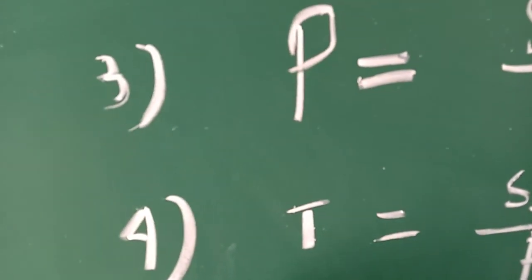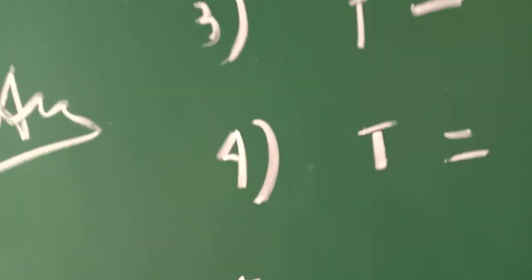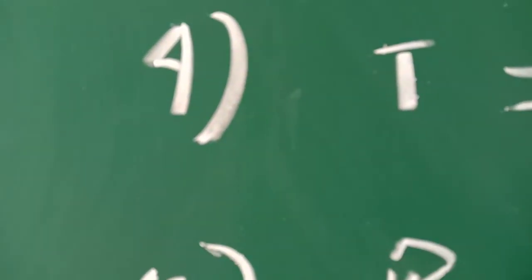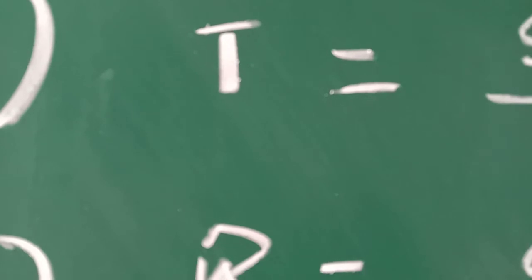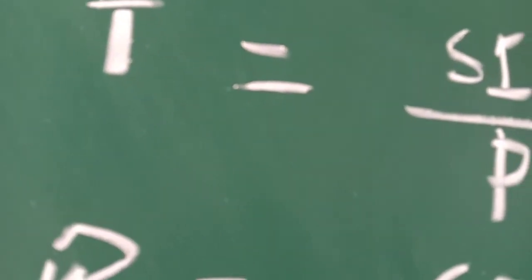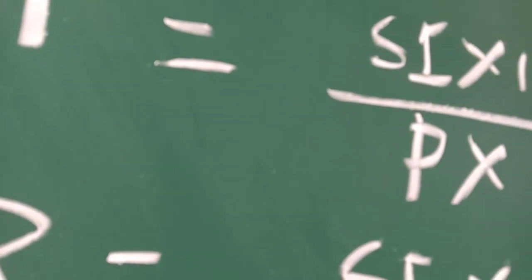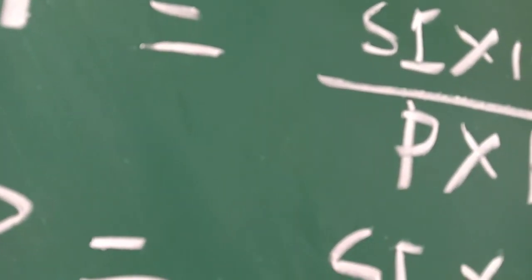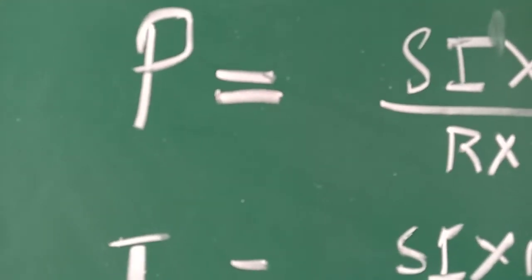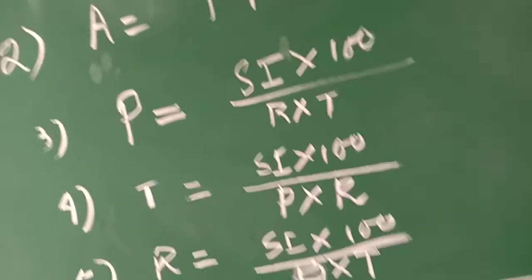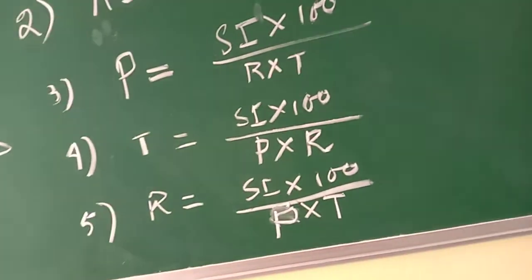If rate percent you don't know, then also there is a formula to find out the rate percent. Then rate is equal to simple interest into 100 by P into T. See, there is a relationship between these formulas.